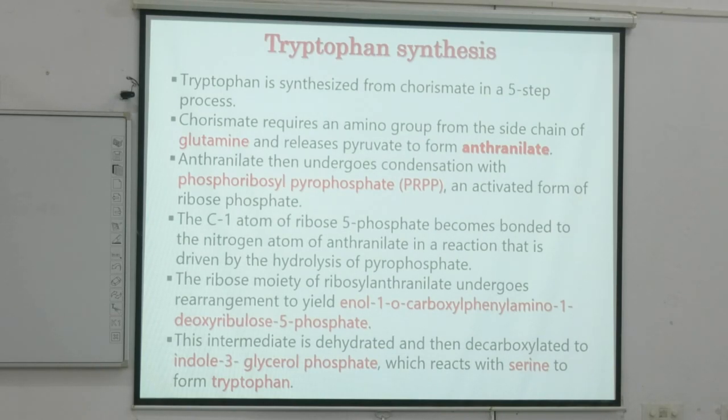This anthranilate will then complex with phosphoribosyl pyrophosphate to form enol 1-carboxyphenylamino deoxyribosyl 5-phosphate, and then it will convert itself into an intermediate product called indole 3-glycerol phosphate, and ultimately after many reactions you will get tryptophan.